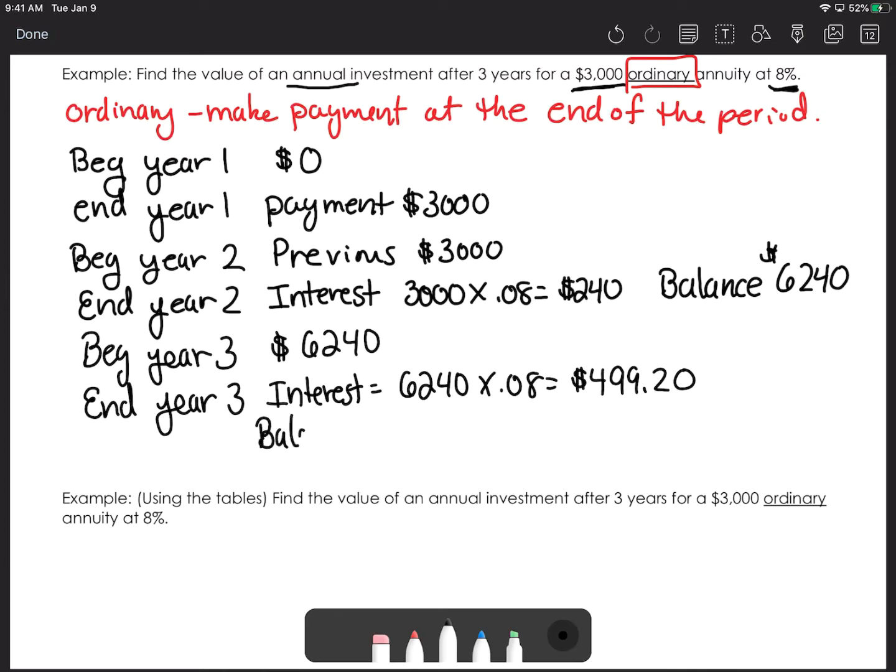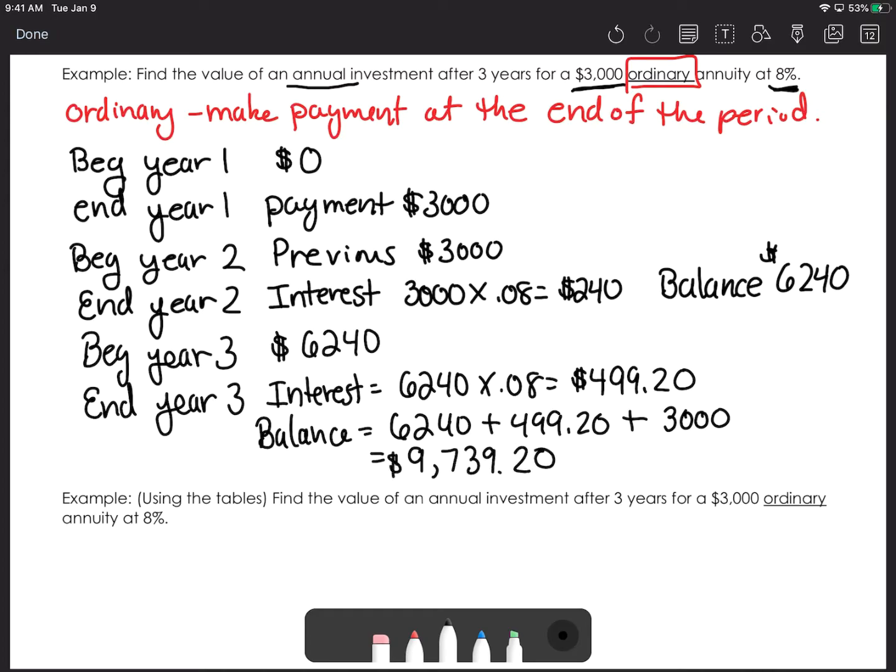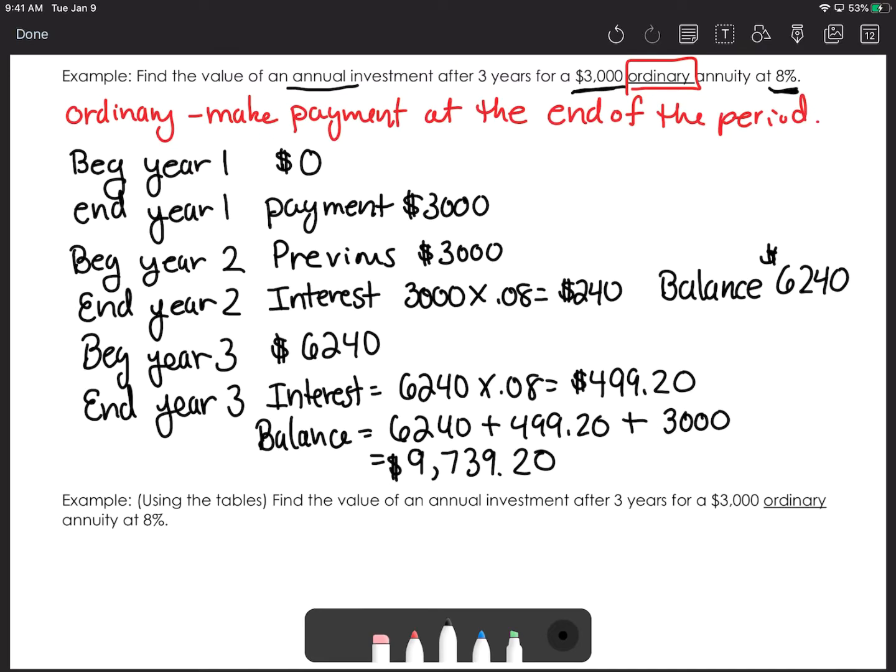So our balance is going to be $6,240 plus the interest that we made over the third year plus our next payment, which is $3,000. So when we add all that up, at the end of year 3, we're going to have $9,739.20. So that is an ordinary annuity. That's when you make the payment at the end of the period.